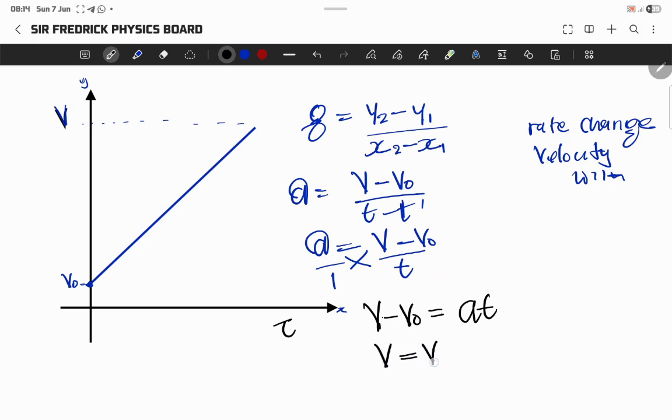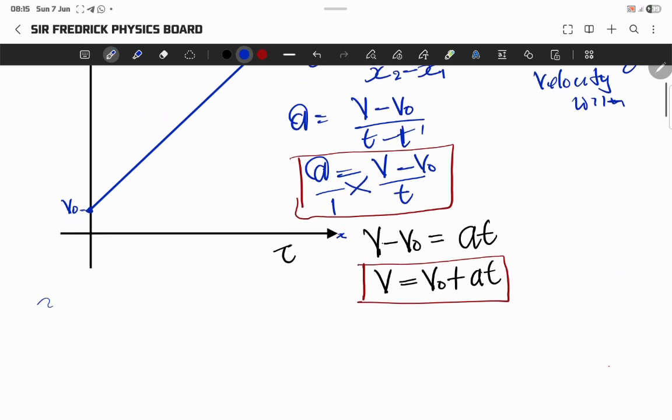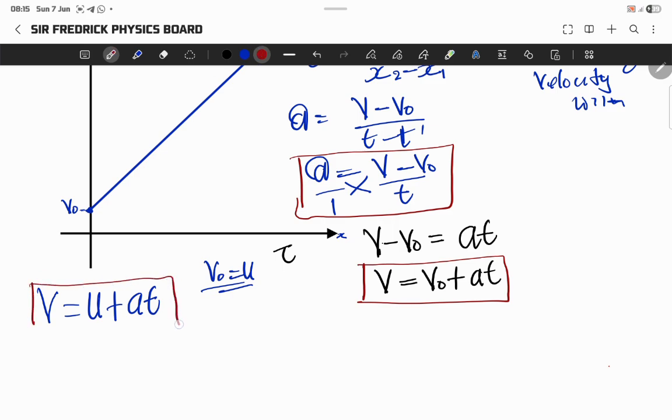So v is equal to v0 plus at, and this is the first equation that we use. Some books leave it up to here, there's no problem as well. Some books will derive up to this point, it's the same expression. You find others writing that expression as v is equal to u plus at, where v0 is replaced with u. It's the same thing. So this is our first equation that we've derived.